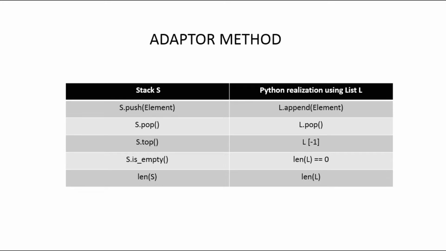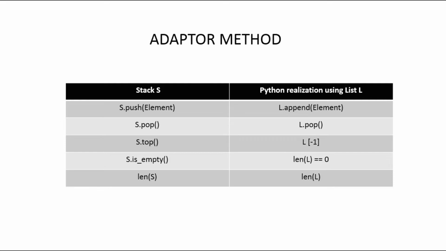Before going to the implementation, let me show you how the stack's methods are implemented using Python's list. Suppose take push will be implemented using append. Pop will have the same name in Python's list. Top will be implemented using -1 index.